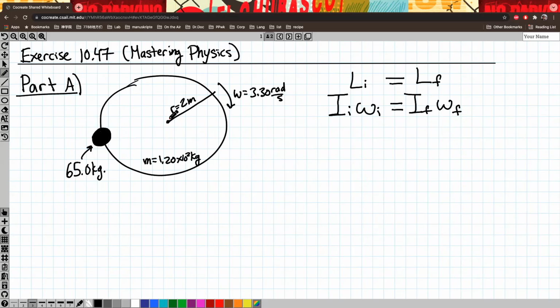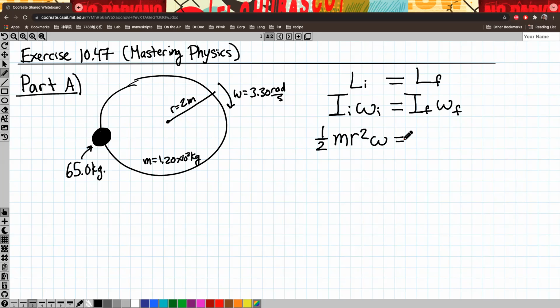Okay, so in a disk, it's half, right? So we have half, let's keep the mass just m at the moment, and then r squared. And we could also do r later. And then initial omega, which we could still keep as that.